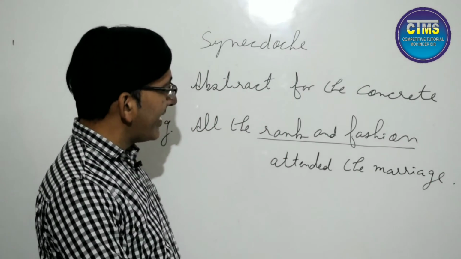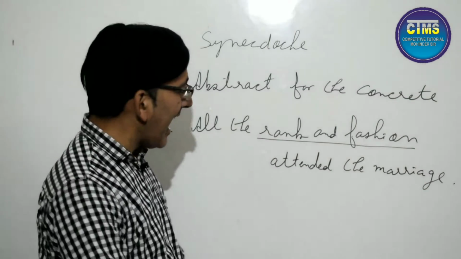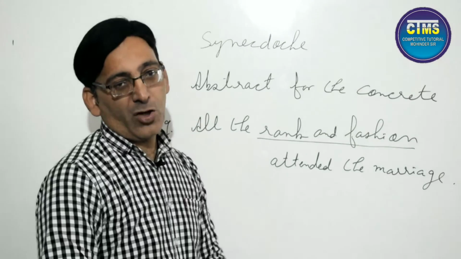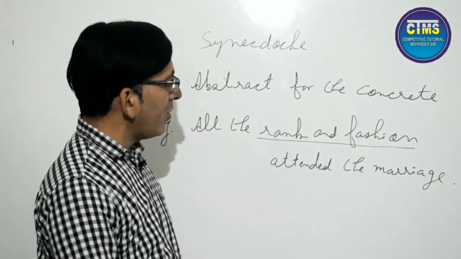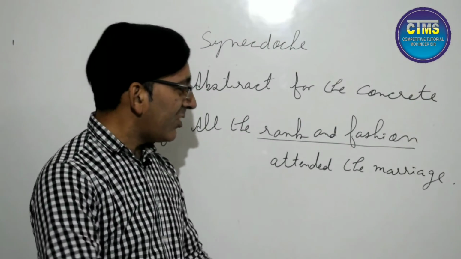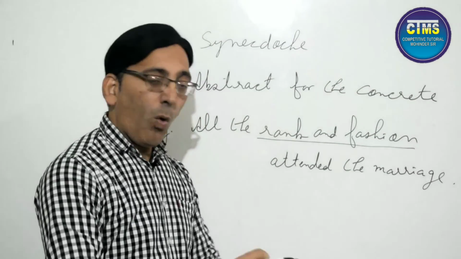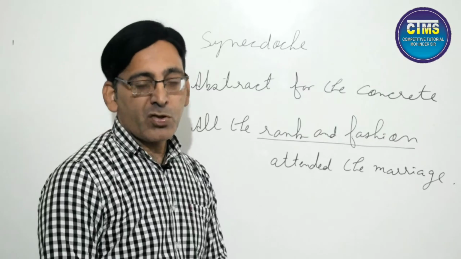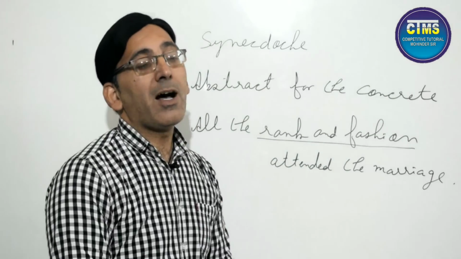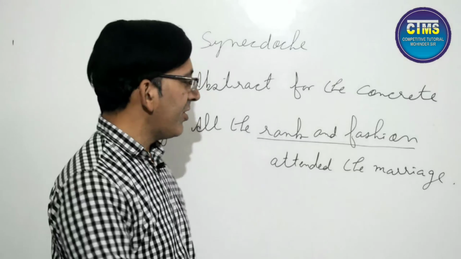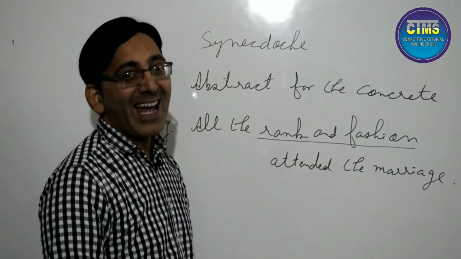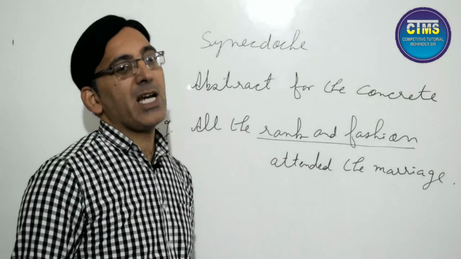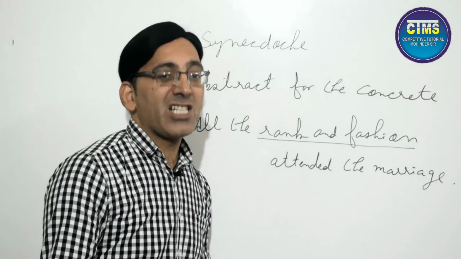So here we are using the abstract noun rank and fashion for the concrete, as a common noun. So what do we want to say? Actually, we want to say that all the persons, all the people of rank and fashion attended the party. So instead of saying the people of rank and fashion, we are using the abstract noun rank and fashion. So that is abstract for the concrete, meaning abstract is used as a common noun.